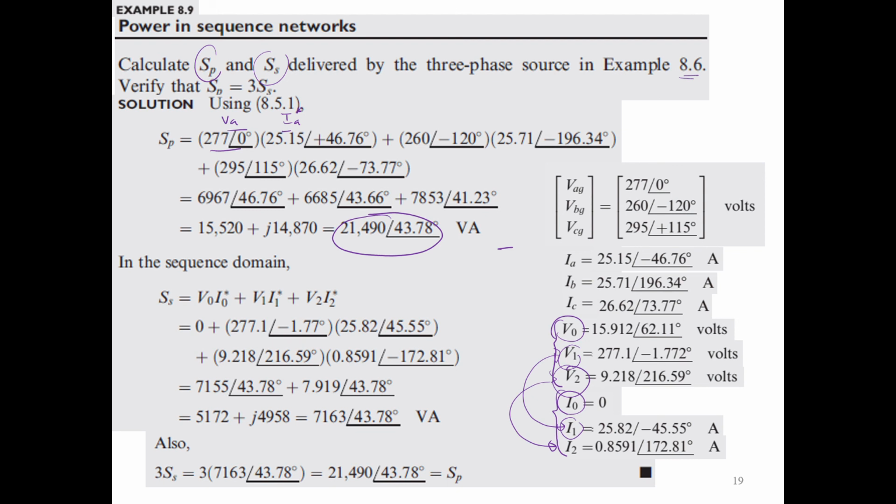Once you have computed the sum of these three products, in order to get the total power in the phase quantity, you just multiply this by 3, so you get the same number. You get the same result.